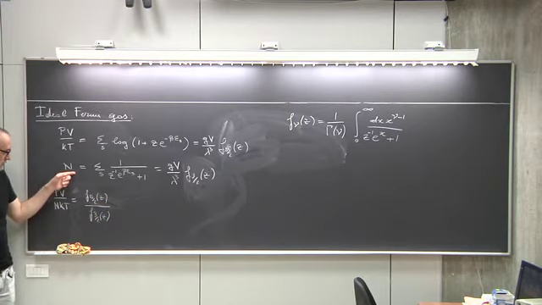So this will be n lambda cubed over g times 1 plus a n lambda cubed over g.